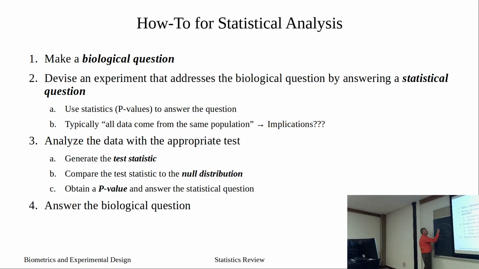But because they came from the same population, our sample statistics are going to be equal, and they approximate our population parameters. So it's the same idea as saying there's no difference. If they all came from the same population, then they should exhibit the same sample statistics: the same mean, the same variance, the same median, the same proportions, the same whatever.